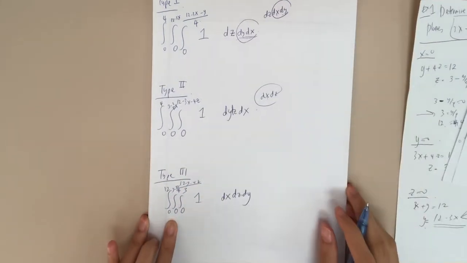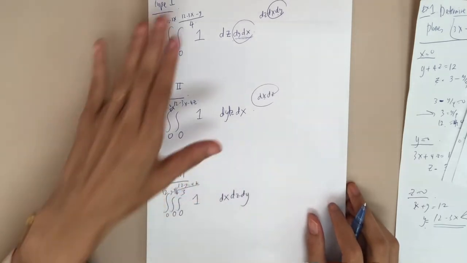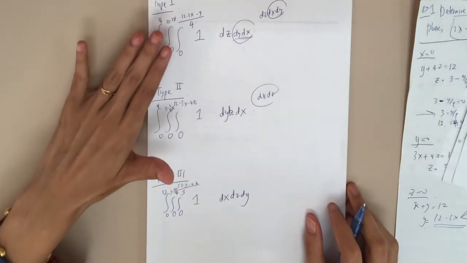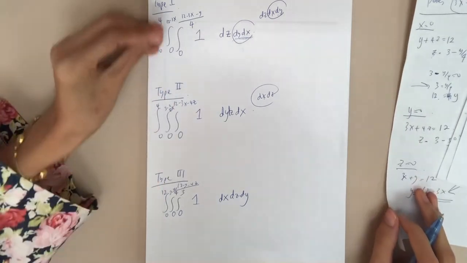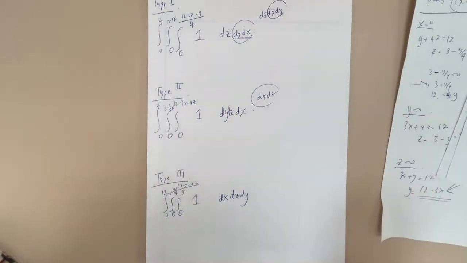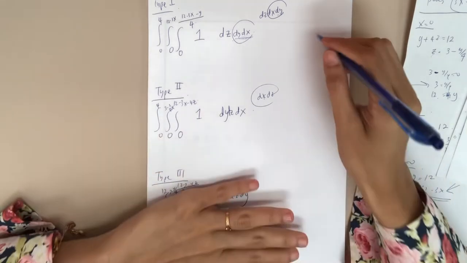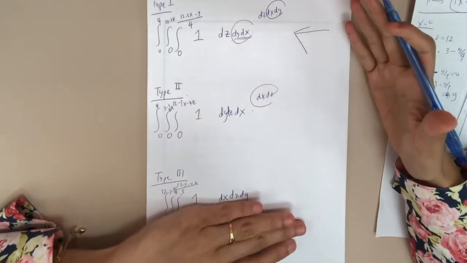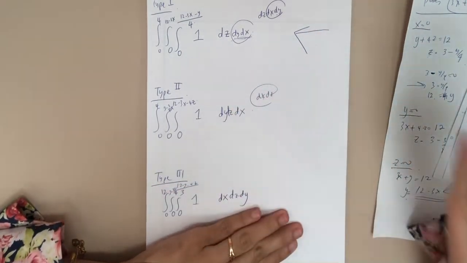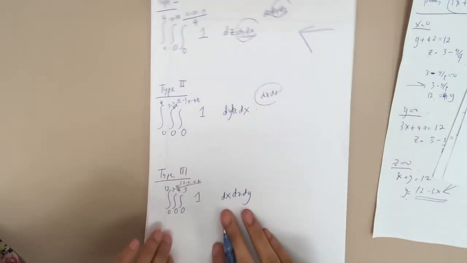Alright. So this is the equation that's supposed to be obtained if you do it for type 1, type 2, or type 3. I will show you how to solve for type 1, and maybe you can solve by using type 2 and type 3, and then we can check whether our answers are correct or similar.